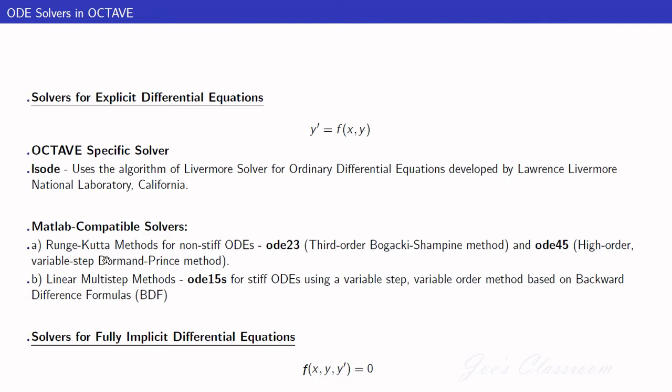The first class is a set of solvers to solve the non-stiff ODEs, and ode23 and ode45 fall into this class. ode23 is a third order Bogacki-Shampine method, and ode45 is a Dormand-Prince method. So these methods are variants of basically the Runge-Kutta method.